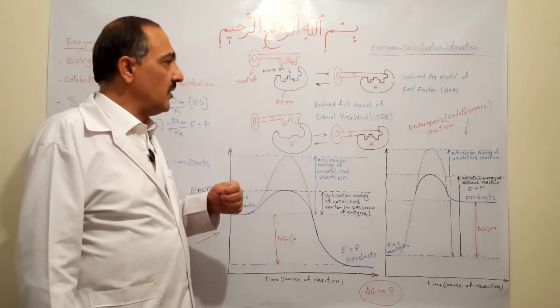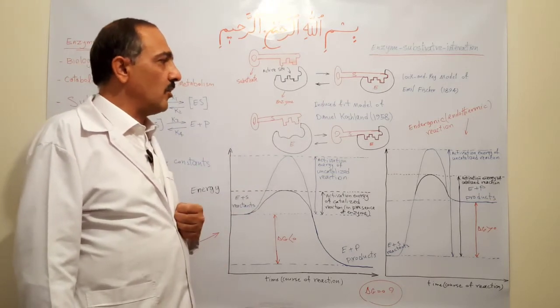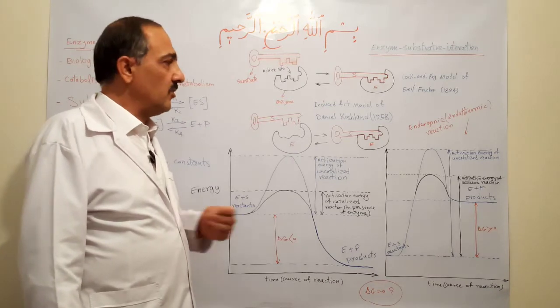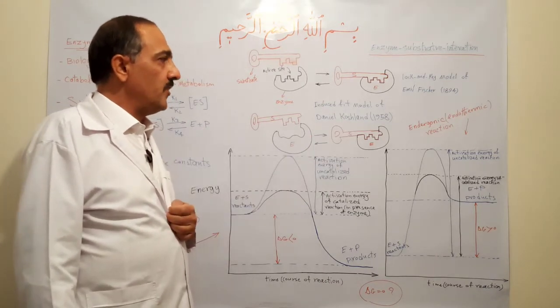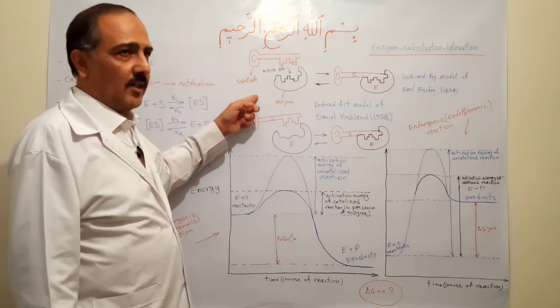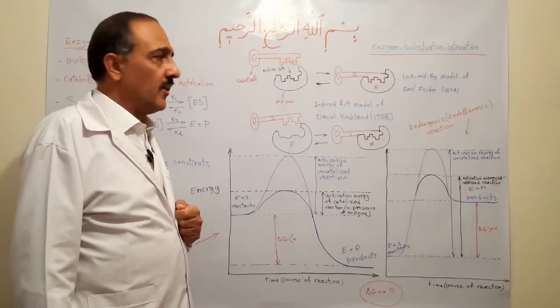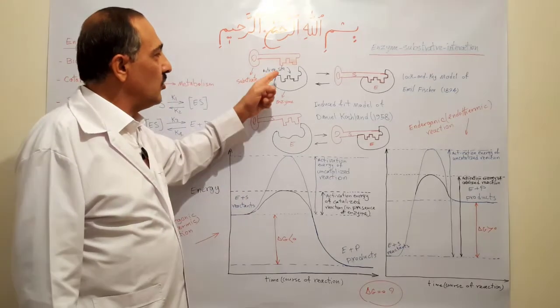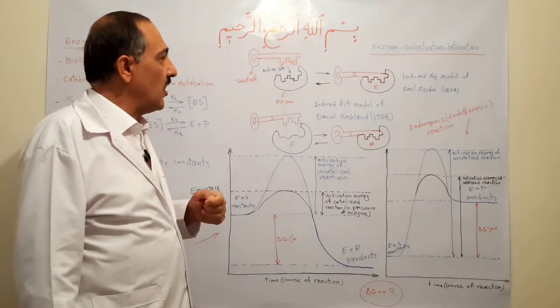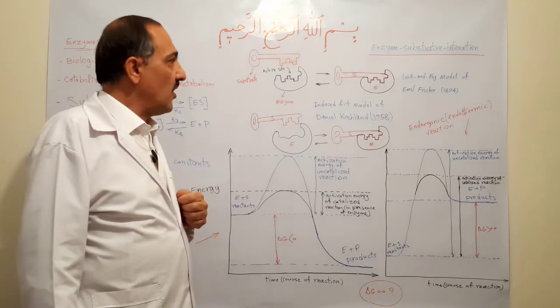And the second one is the induced fit model of Daniel Koshland, which was introduced in 1958. In the first model, the structure of substrate is complementary to the structure of the active site of the respective enzyme.